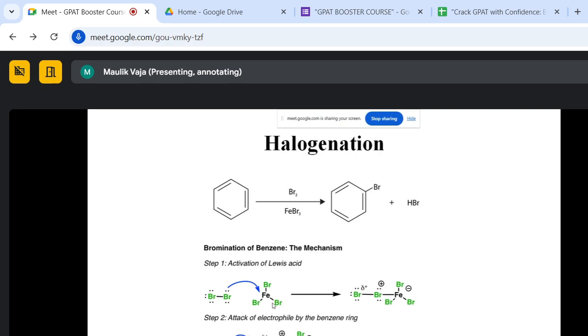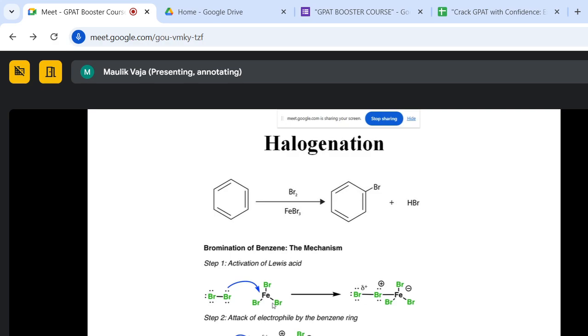You can get bromobenzene. But fluorobenzene and iodobenzene synthesis is not possible by halogenation reaction like F2/FeF3 or I2/FeI3. This reaction is not possible. Why?